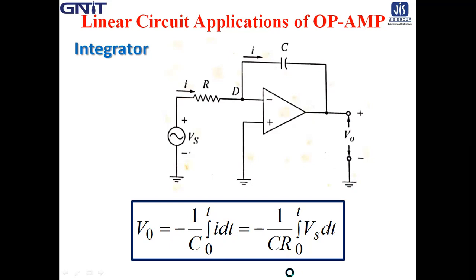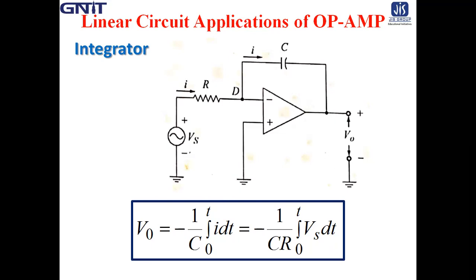So it is minus 1 by CR, because I is equal to Vs by R. So minus 1 by CR integration over 0 to T of Vs dt.